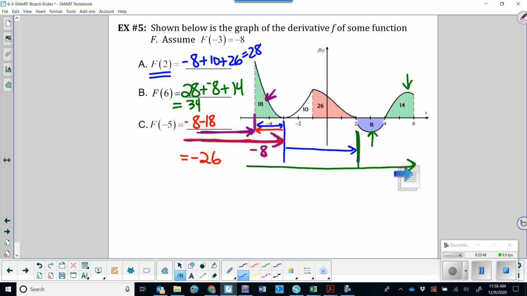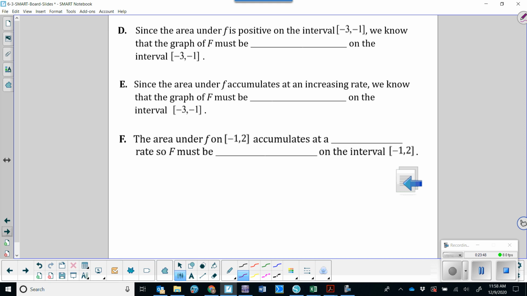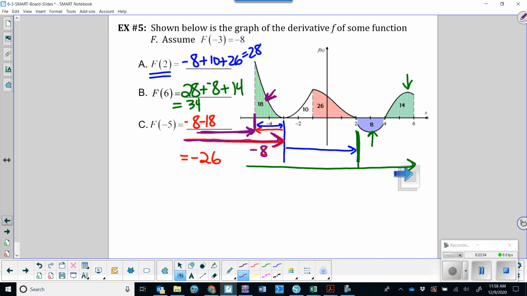Okay, so now let's look at D. So D says, since the area under f is positive from -3 to -1. So if we look here from -3 to -1, we're talking about right here. And we know the area is positive here. Okay, it's all above the x-axis.